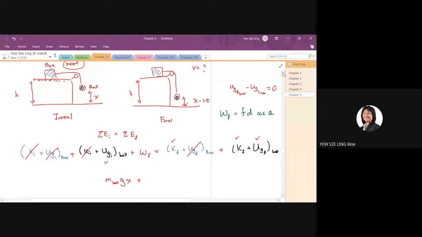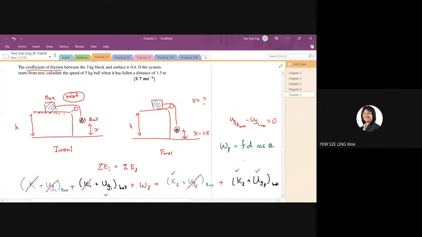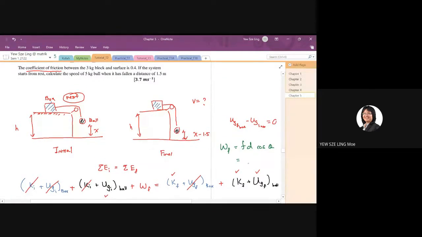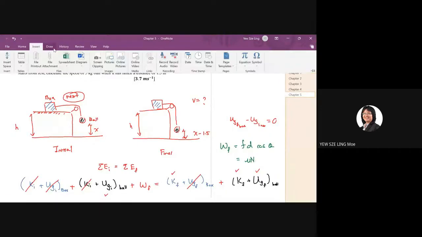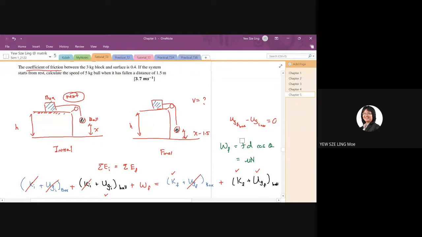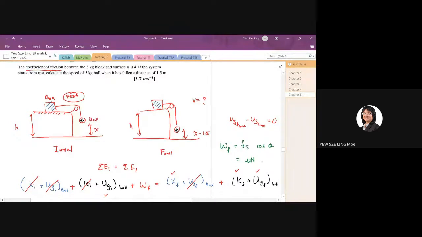But then again, if you look at the question, I'm not given the frictional force. But what I do have is mu. So F at the same time is equal to mu n. I'm changing the symbol, it should be Fs, and then mu n s cos theta.